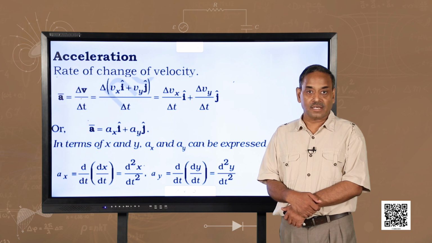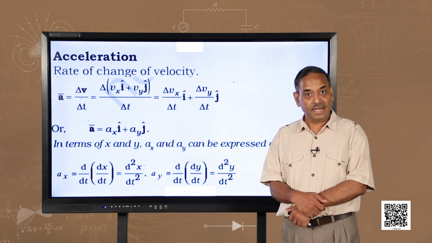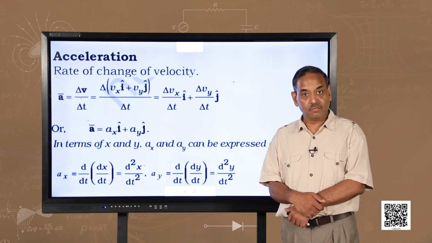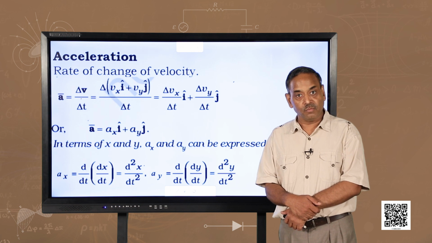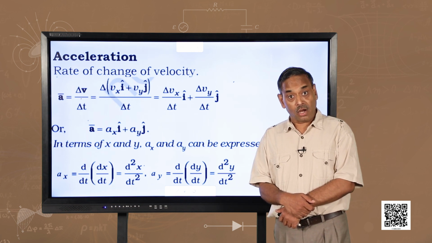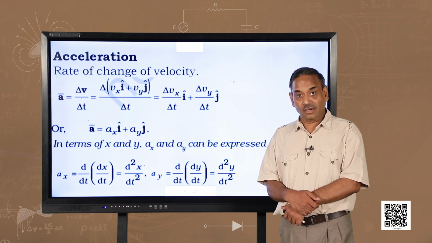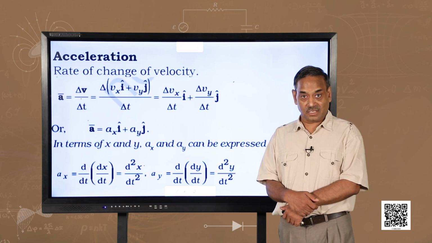So in the straight line case, the velocity and the acceleration were both along the direction of motion. Recall it. Now let us see what happens in the other case.